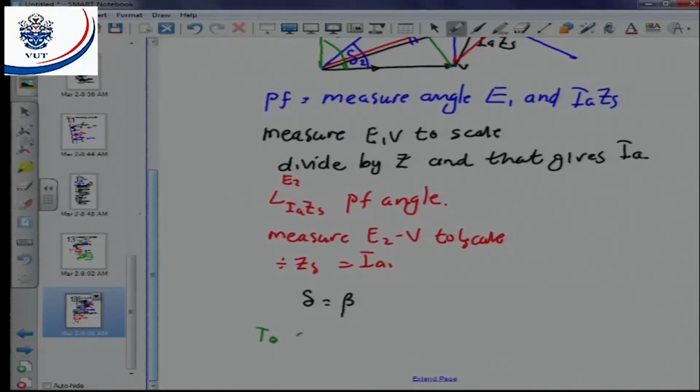And to get our values, do the same as in the previous steps.